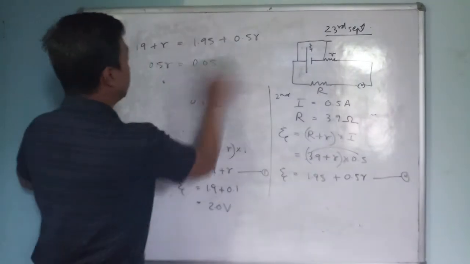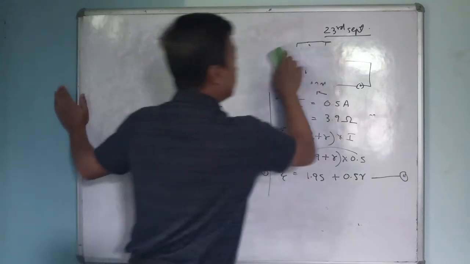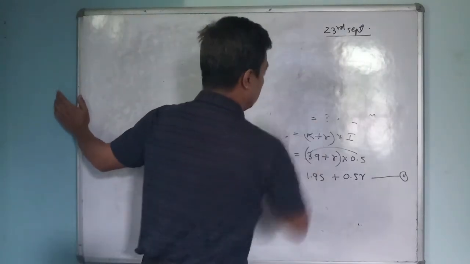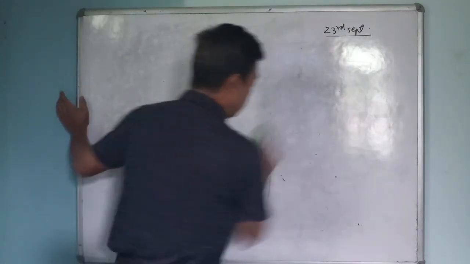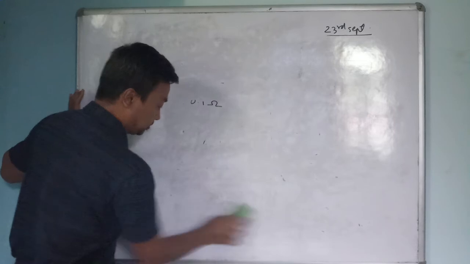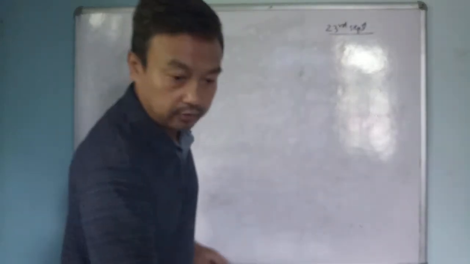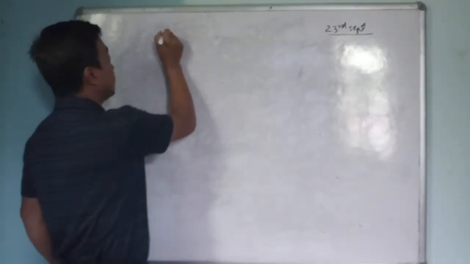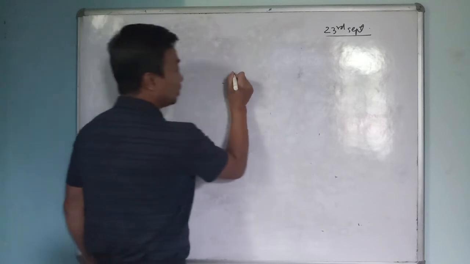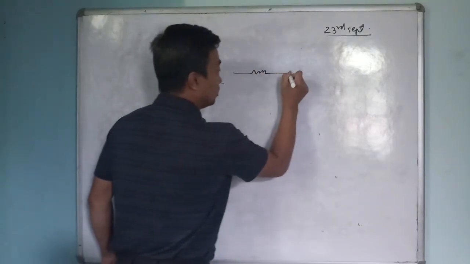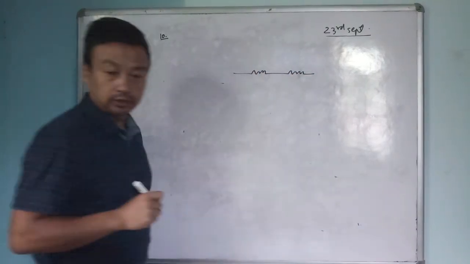Look at question number 10 now. In question number 10 you are given around 4 resistors which are connected in both the series and the parallel. So the diagram is very important. Let me make the diagram here. These are the 2 resistors connected.